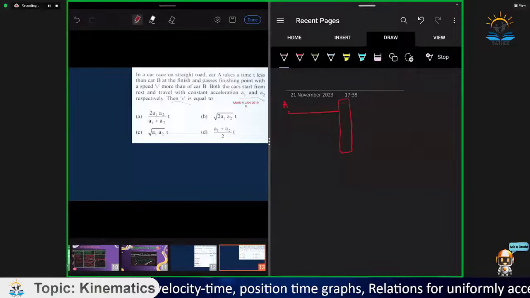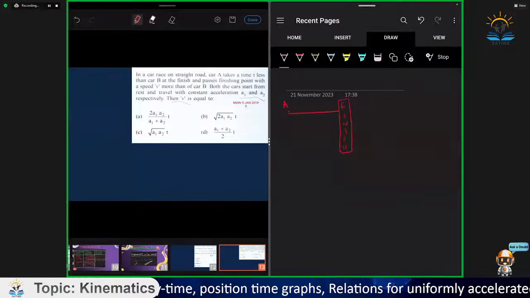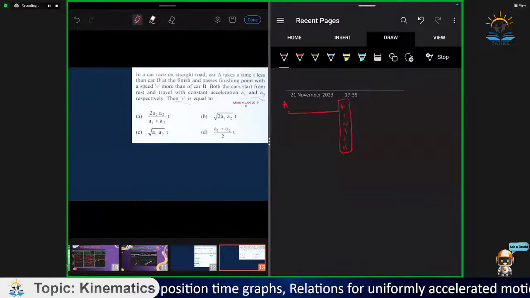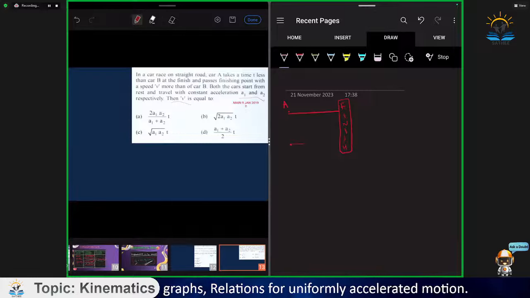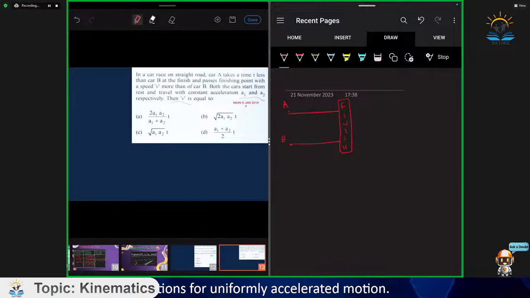Both the cars are reaching the same finishing point. So this is car B. Both the cars start from rest, so both the cars travel the same distance.